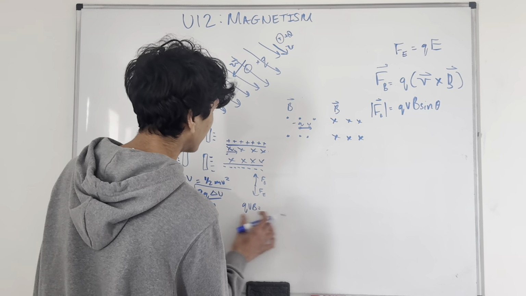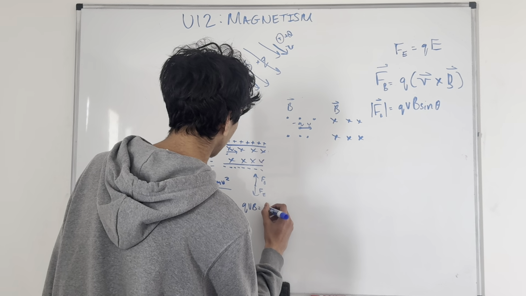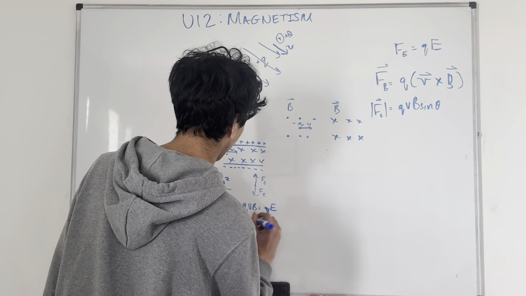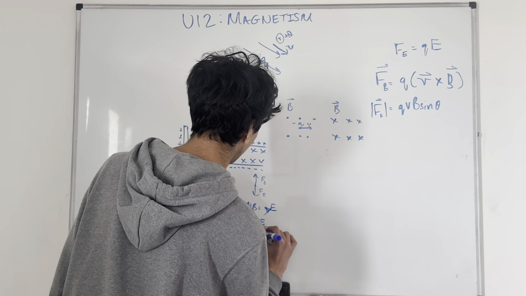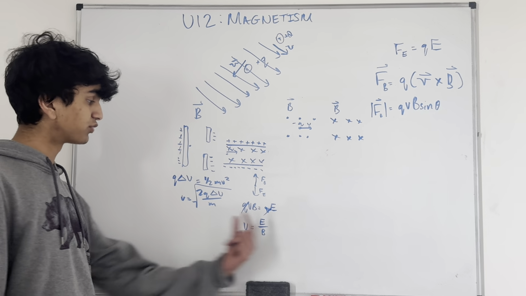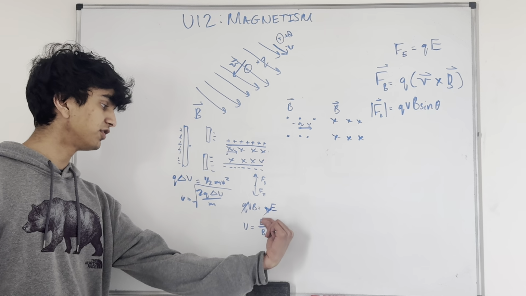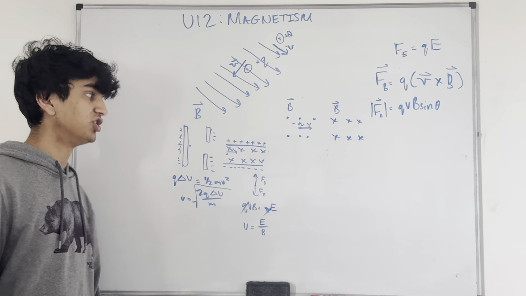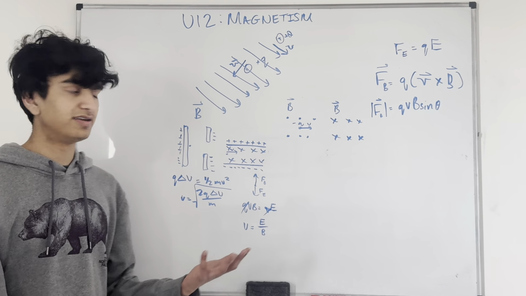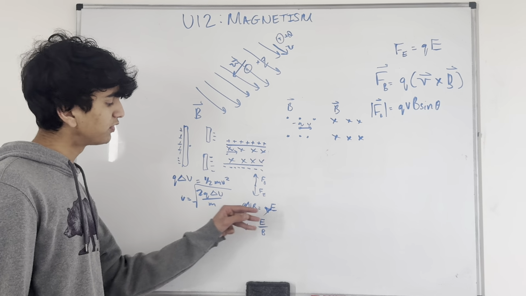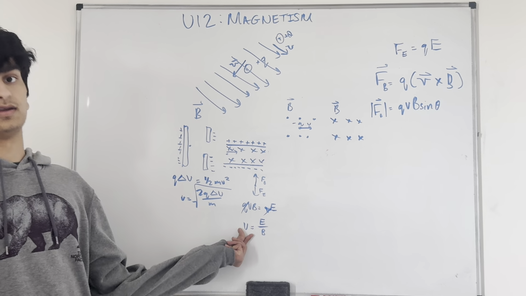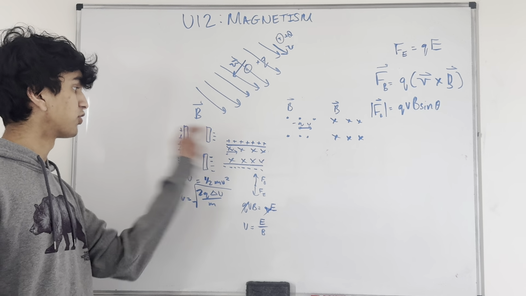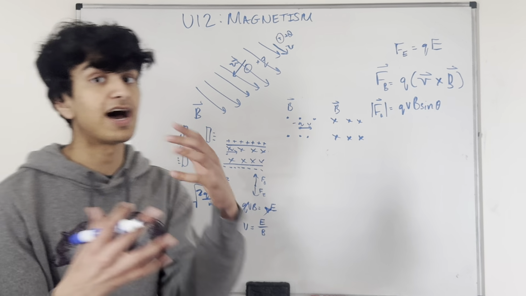QvB is equal to Q times E. So the Q's drop, and I get v is equal to E over B. So if I know the electric field, which is just the voltage divided by distance, and take that over the magnetic field, that gives me the speed at which this particle is moving in order to not deflect, right?